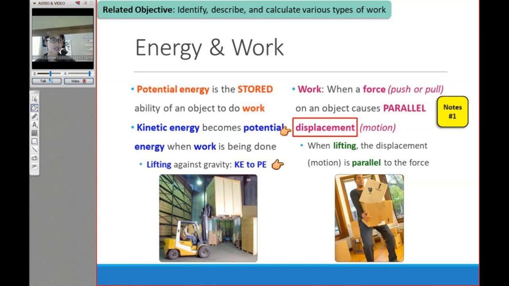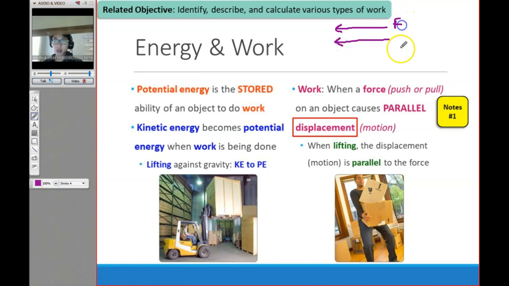If your force is going to the left, then the direction could also be the left, or it could be the opposite, but still parallel. So what direction is the opposite of left, but still parallel? Tell me in the chat box. So your force could go to the left and your object could go to the left, or your force could go to the left, but your object's going the opposite direction.